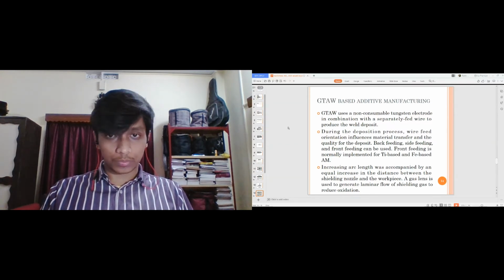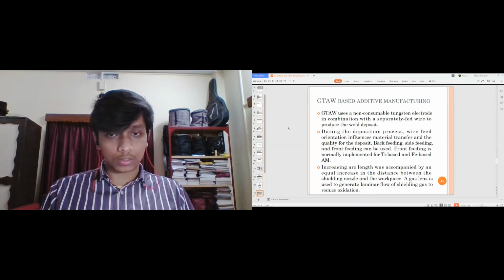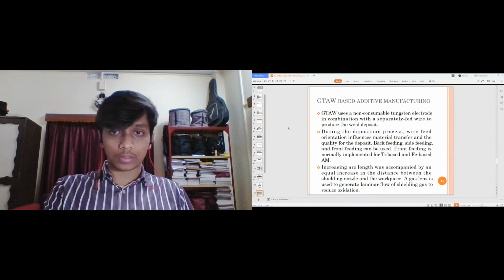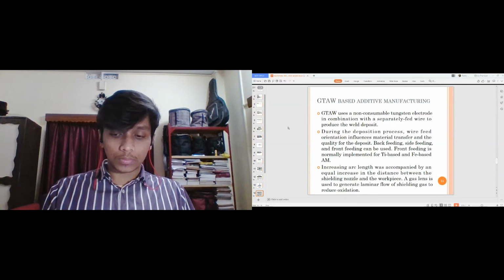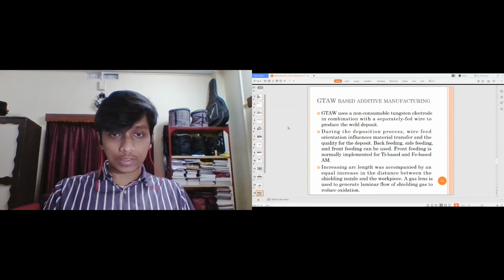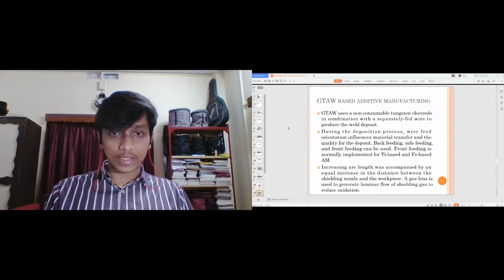Therefore, to produce the weld we need at least two different types of metals. Since we have the parent metal, we need another metal, which is the separately fed filler wire, or filler metal. The gas tungsten arc melts, and then the filler metal fills the melt and provides for the welding process.